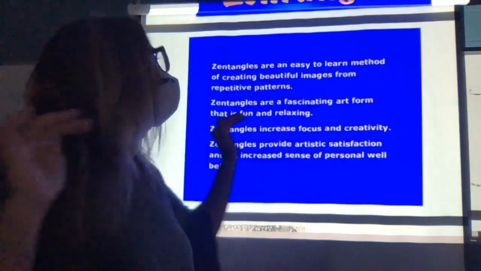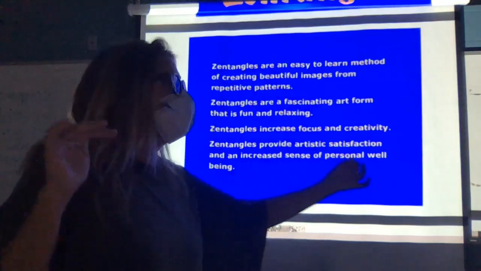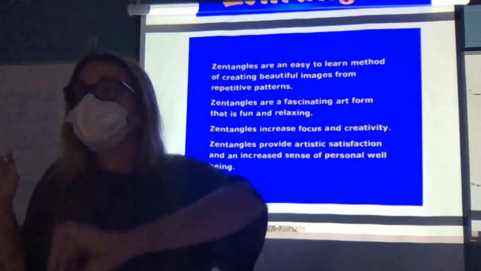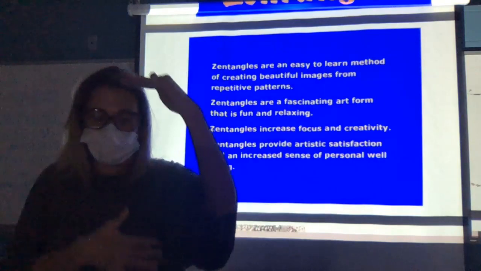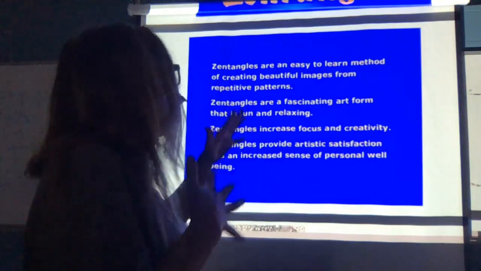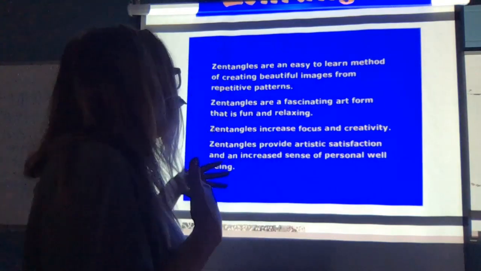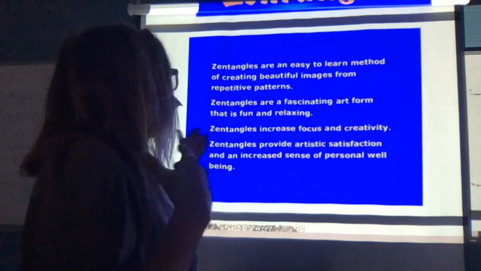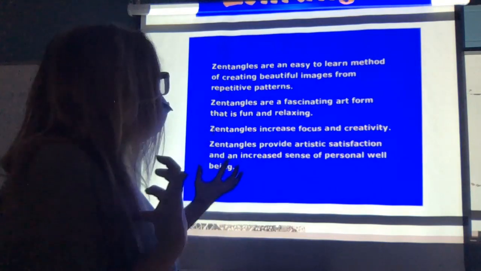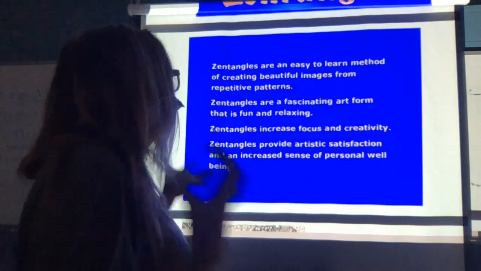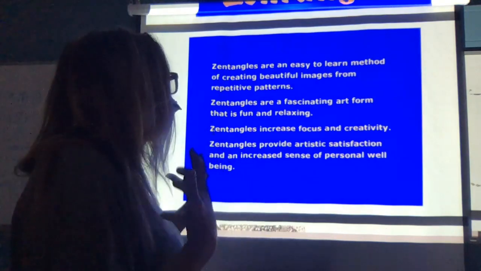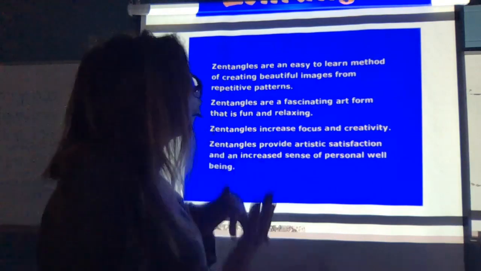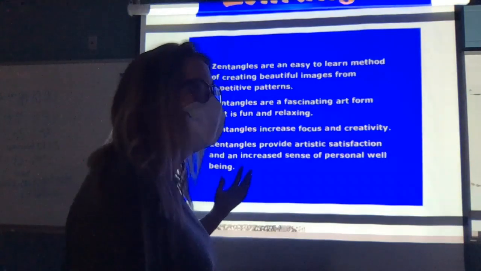Zentangles are absolutely the adult coloring books. What people are coloring would be what you have designed. Does that make sense? The black and white is the Zentangle itself. It says here at the bottom, it provides an artistic satisfaction and an increased sense of personal well-being. So there's some psychological things that come from coloring these in.